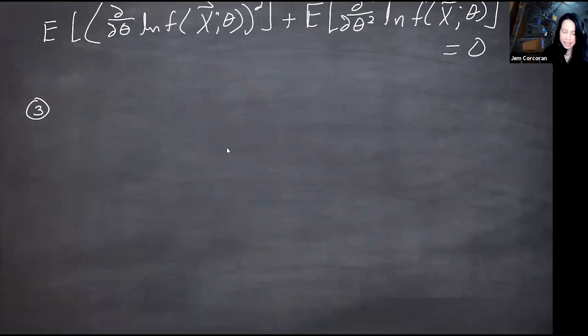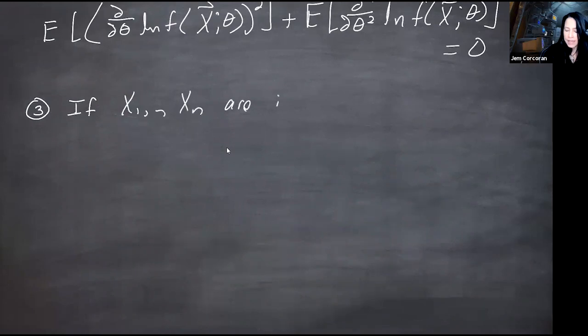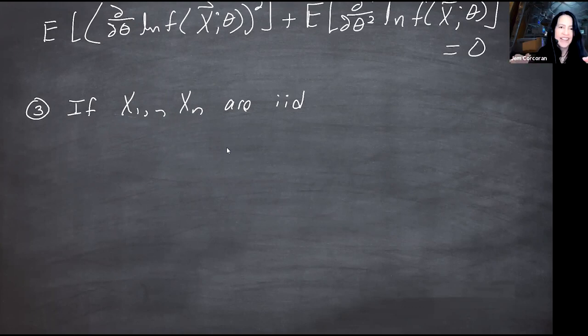Okay, the third thing in the list is going to be really good for us because everything for us is IID. And so this says that if x1 through xn are IID, because the Cramér-Rao lower bound was defined using a joint PDF, and that joint PDF actually doesn't have to come from multiplying the individual single PDF over and over again. They could have different PDFs, so different distributions.